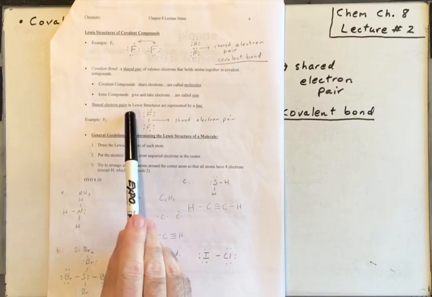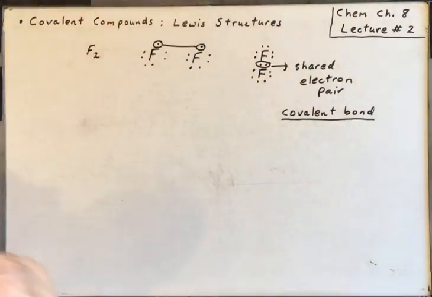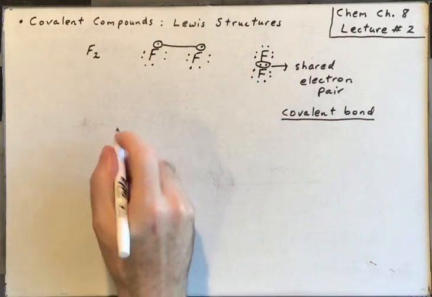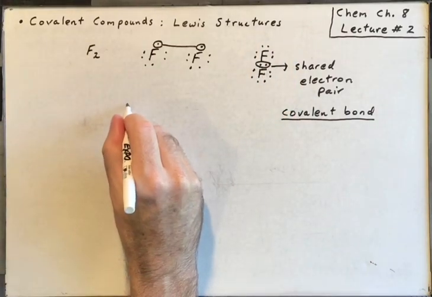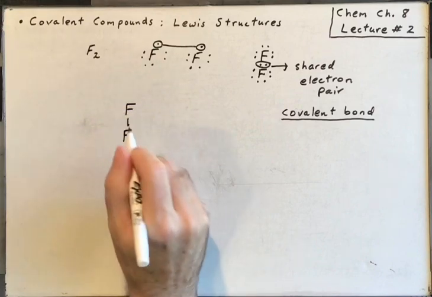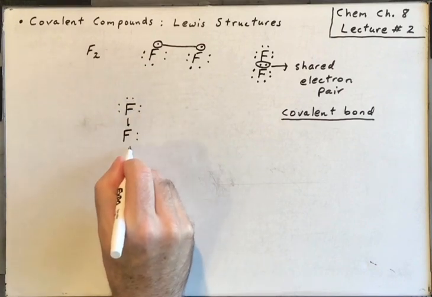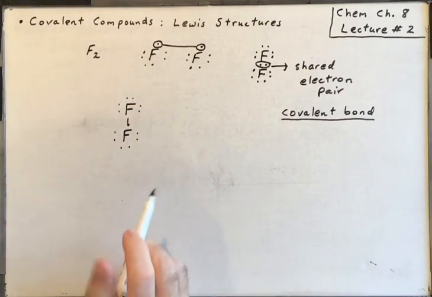So shared electron pairs in Lewis structures are represented by a line. Let's draw this fluorine again, and instead of the double dot that's shared, I'm going to draw one on top of the other. You could draw them side by side also. That shared electron pair we represent by a line, and then all the other pairs are dots.